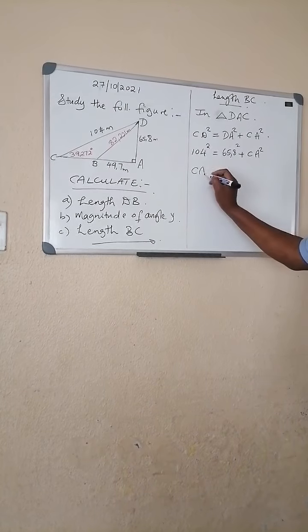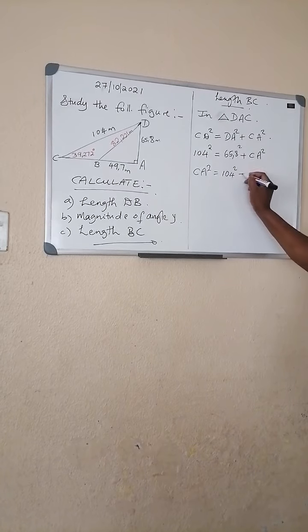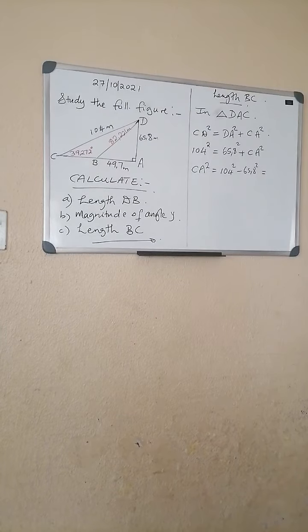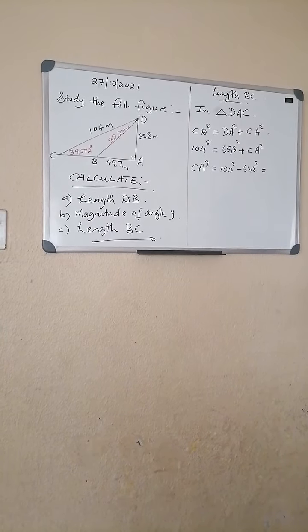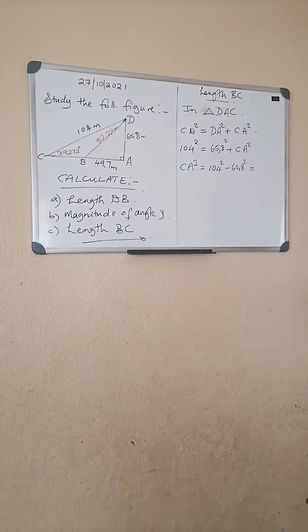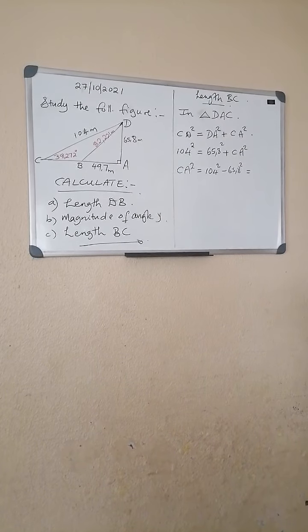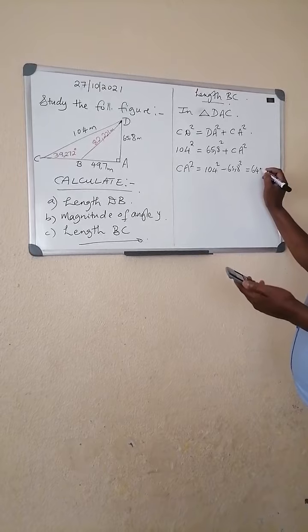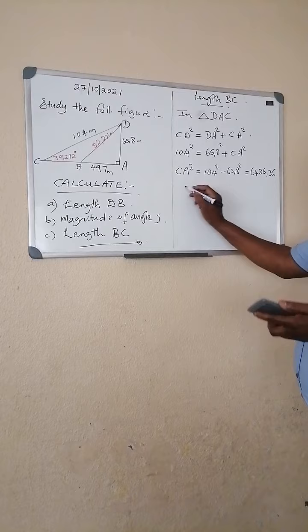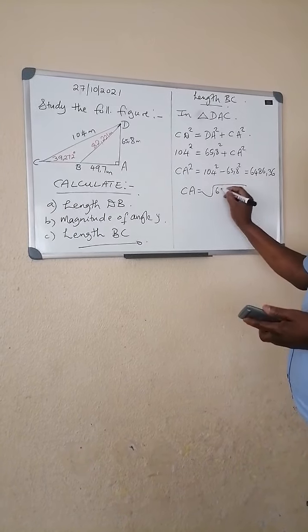Now CA squared will therefore be, if I transpose this, 104 squared minus 65.8 squared. This gives 6486.36.